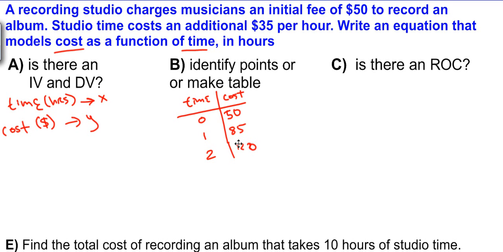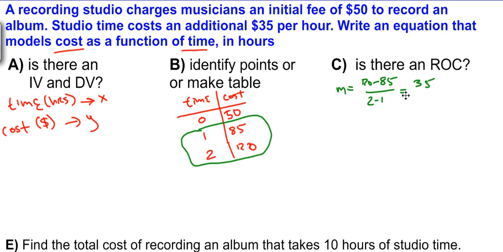Okay? Is there a rate of change? Some of you are probably pretty good at looking for the rate of change in here. Others of you might want to go to the table and just find 2 numbers and do the rate of change: 120 minus 85 over 2 minus 1. That's 35 over 1, but we don't leave it like that. It's 35. 35 what?